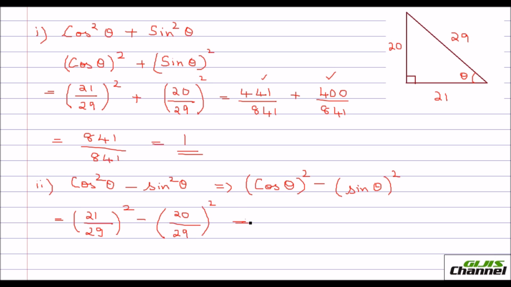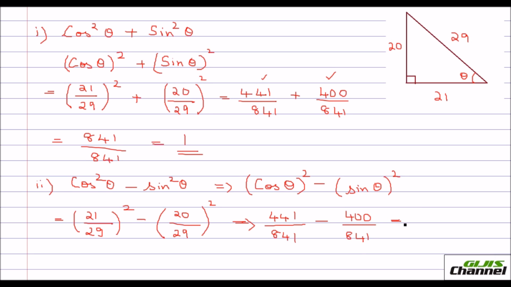That implies 441 is the square of 21 and 29 square is 841, take away 400, that is 20 square, divided by 29 square, which is 841.